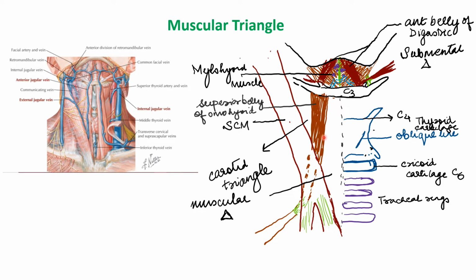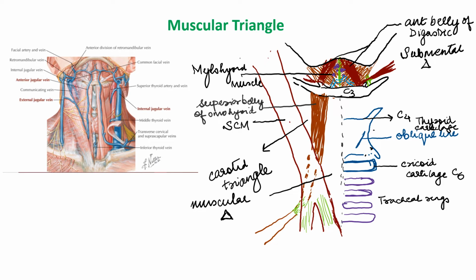Posterior superiorly, it is bounded by the anterior border of the superior belly of the omohyoid. Posterior inferiorly, it is bounded by the anterior border of the sternocleidomastoid.